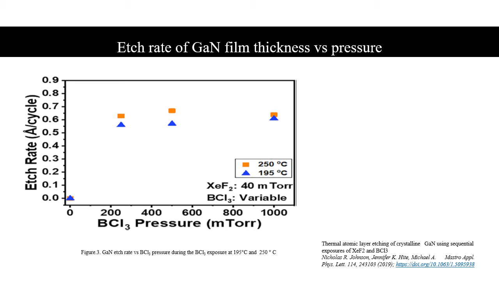At 195 degrees Celsius, the etch rates noted were 0.56, 0.57 and 0.62 Angstrom per cycle, whereas at 250 degrees Celsius, they were 0.63, 0.68 and 0.63, which was almost constant. This constant etch rate argued against the conversion mechanism and supported the ligand exchange mechanism. It also concluded that both xenon difluoride and boron trichloride are required for the ligand exchange mechanism.